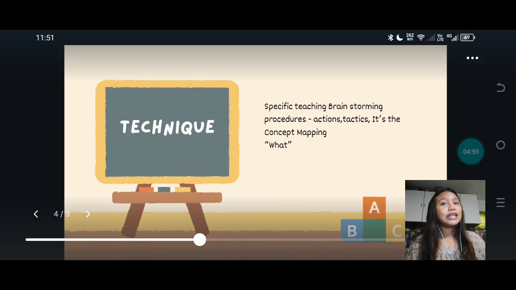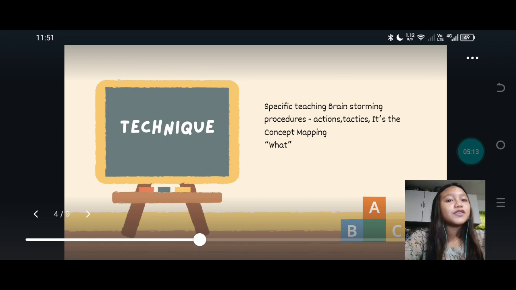For example, role playing, information gap activities, or group discussion are techniques under the communicative language teaching method, connected to the approach. So that is the definition and the connection between approach, method, and techniques.